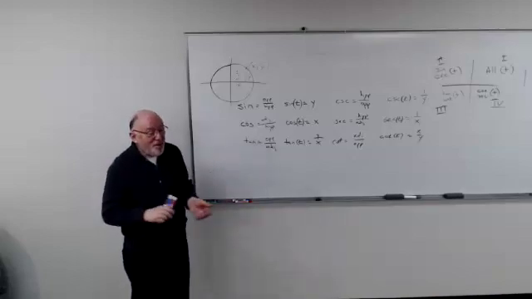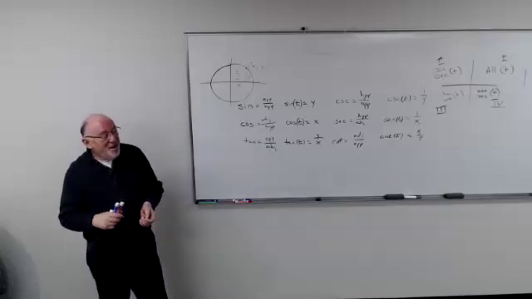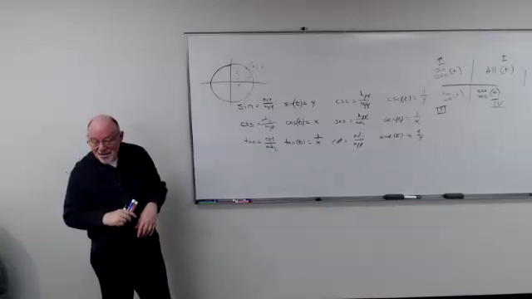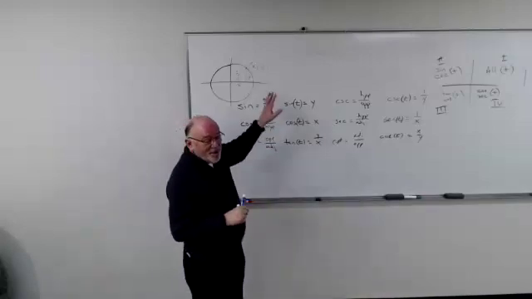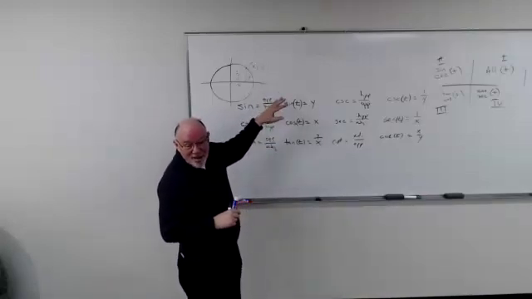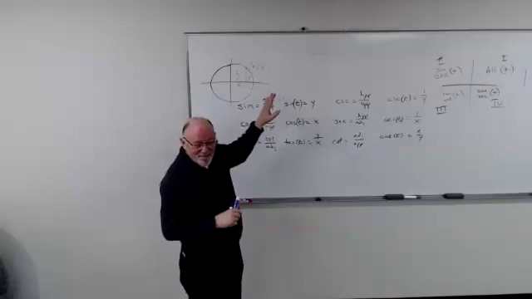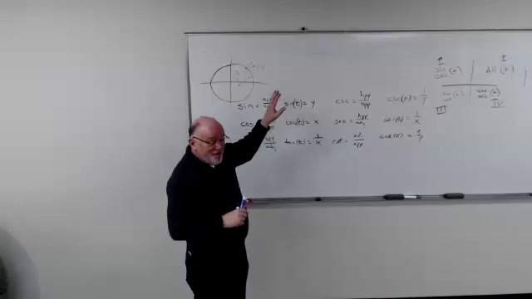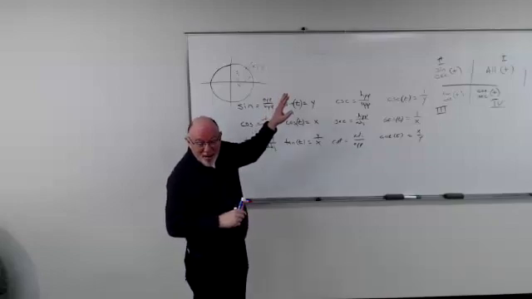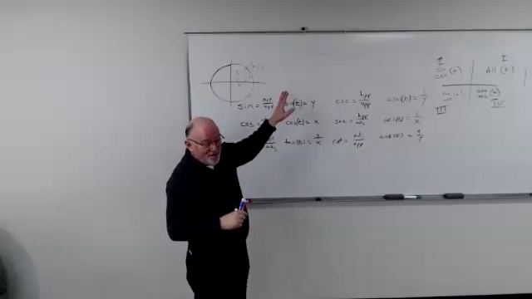Some of you have your calculators in front of you. When we start playing more with this stuff, the mode of your calculator is going to be important, okay? But if I ask you what is the sine of 5,000 degrees, you should be able to plug it in and get a number. If I ask you to do the sine of 0, you should be able to get a number.